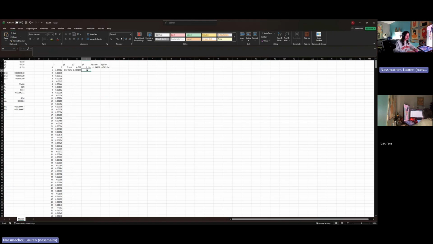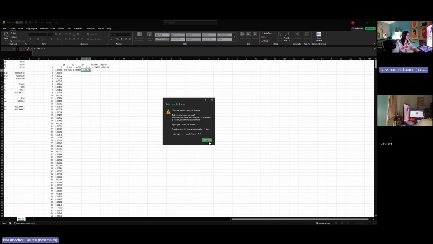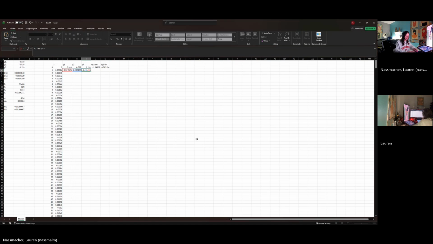And this is going to be equal to 1 minus the mole fraction minus your other mole fraction. There we go.